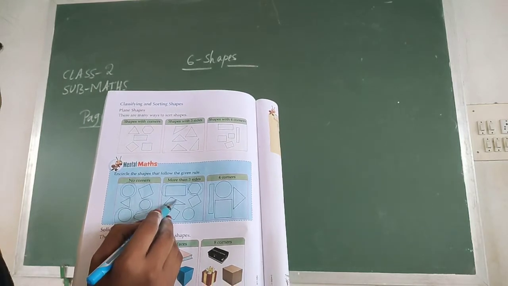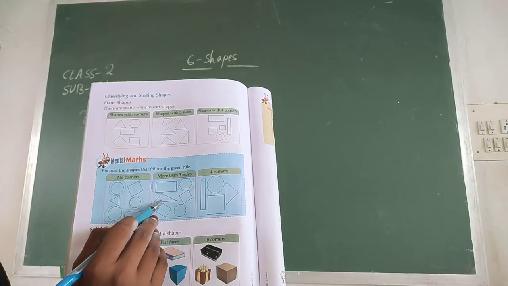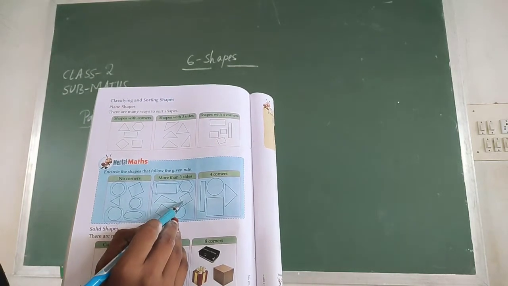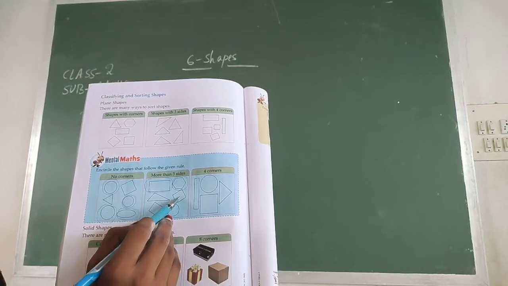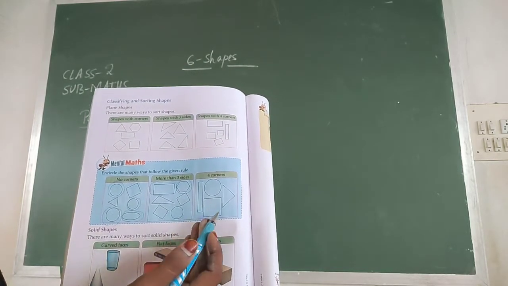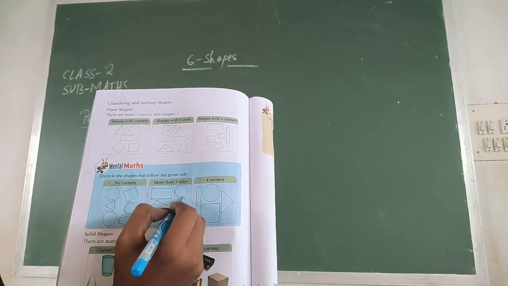This has 1, 2, 3. This shape has only three sides, so no need to encircle this. Come to this shape. 1, 2, 3, 4. This shape has four sides. That means more than three sides, so encircle this shape also.